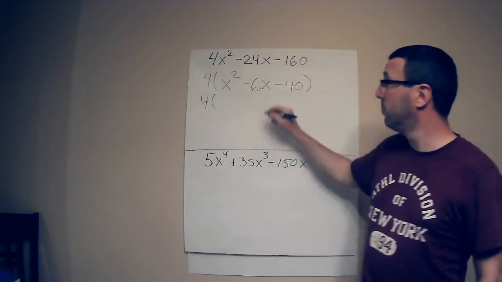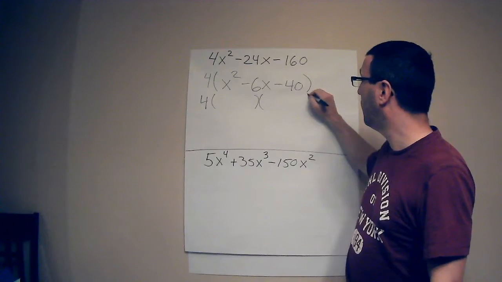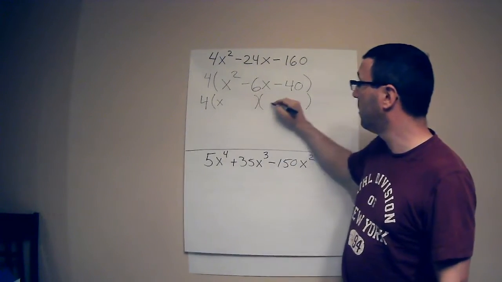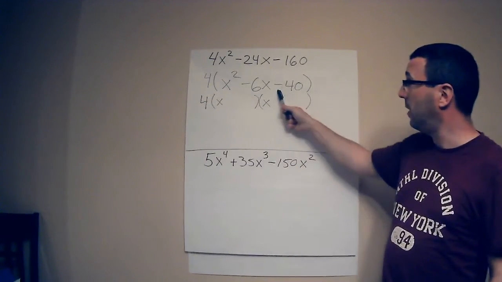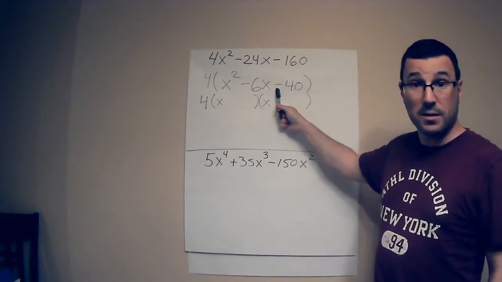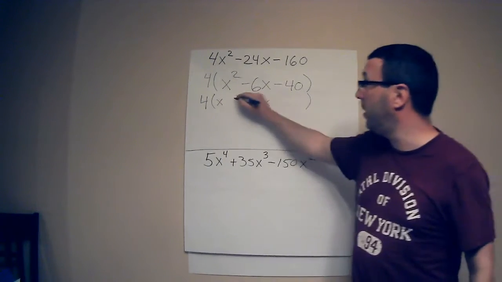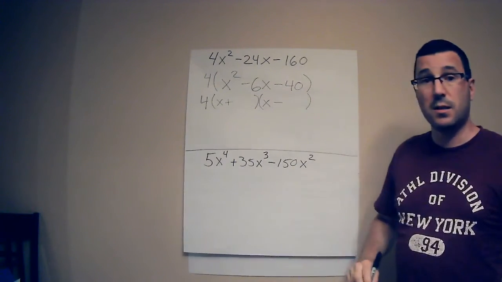Is the leading coefficient equal to 1? Yes, it is. So, I'm going to put an x in the front of both parentheses. I look at the last term, it's a minus. Minus means opposite signs. So I'm going to put plus in the first one, minus in the second one.